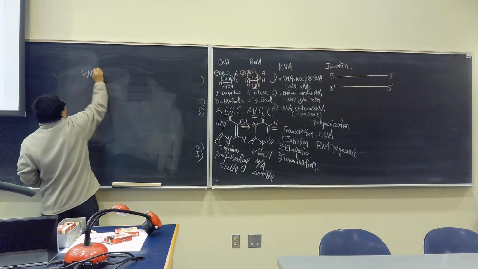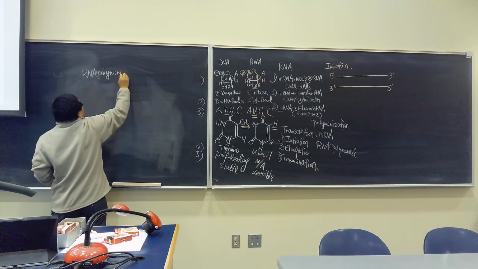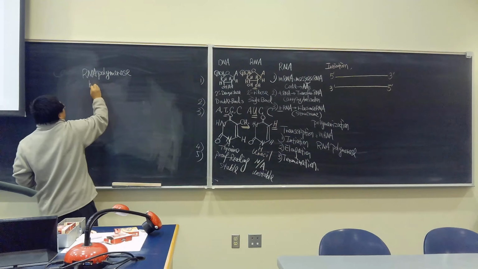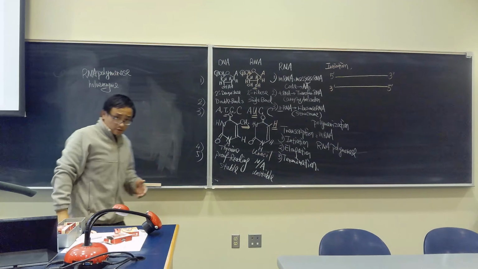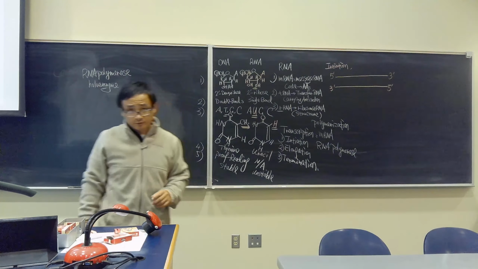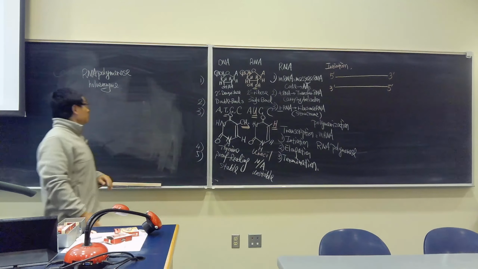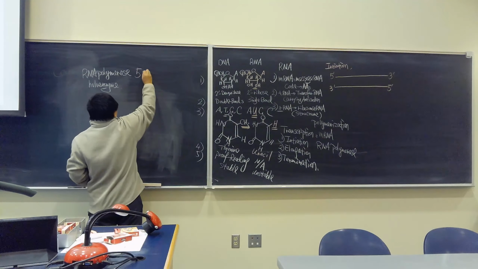RNA polymerase is a holoenzyme, which means there are two components, a protein component and a non-protein component. The protein component has 5 units.